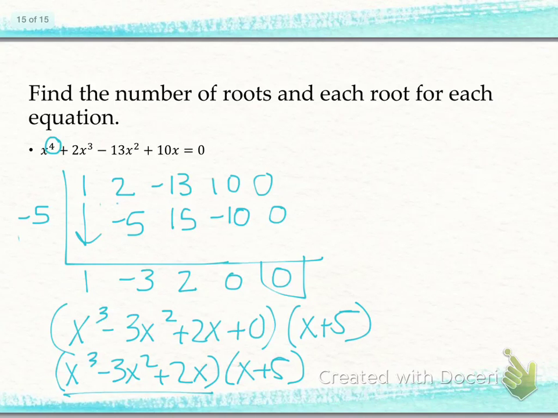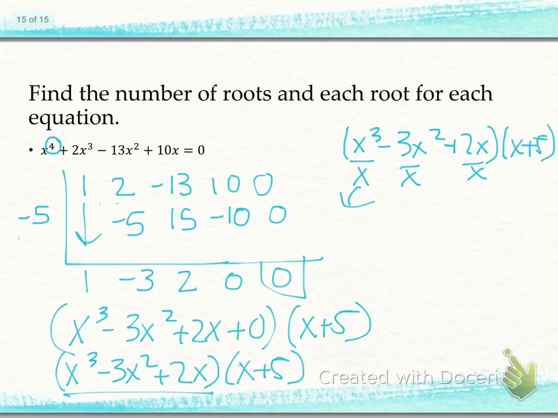I first check to see if there's a GCF, and there is. It is x. So if I rewrite this over here, I got x cubed minus 3x squared plus 2x times x plus 5. So we divide the x out. It goes in the front, it doesn't just disappear. So now it becomes x squared minus 3x plus 2 times x plus 5. And this is still all equal to 0.